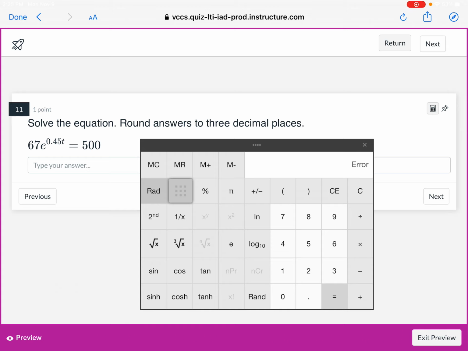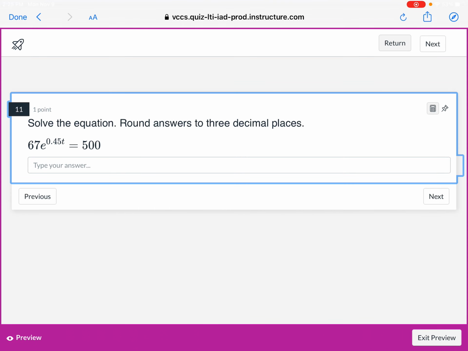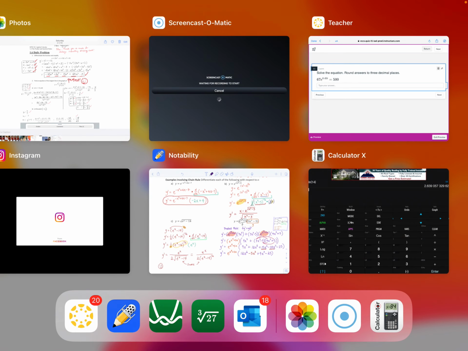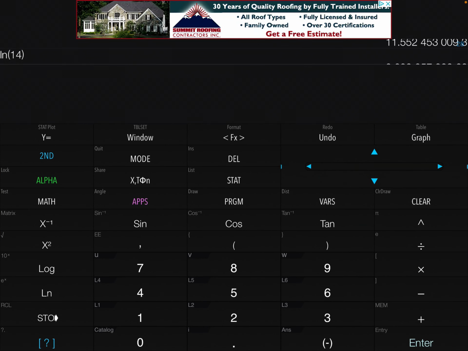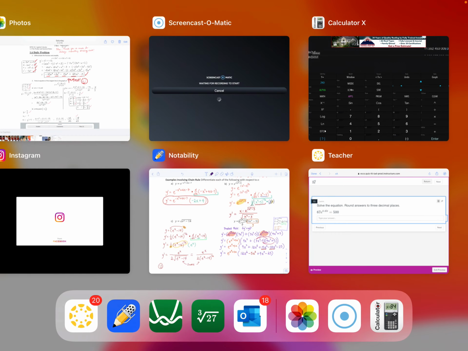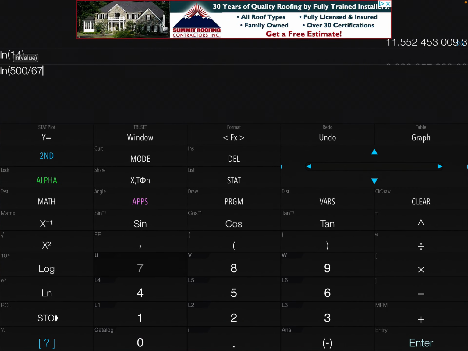So I'm going to just get a scientific calculator on my app this time. I'll just use this one, if I can remember it. Okay, so I will do natural log of 500 divided by 67, and then we're dividing this by 0.45.